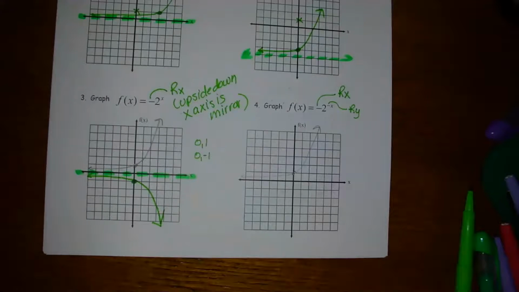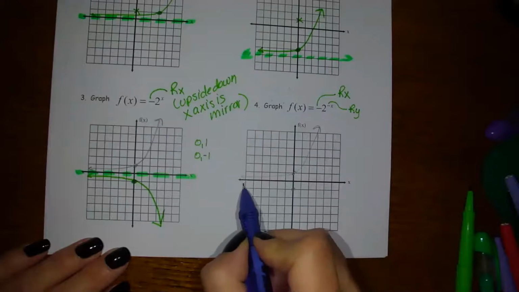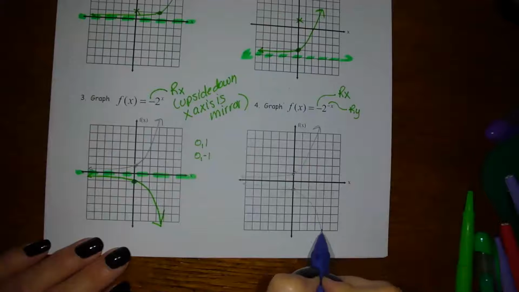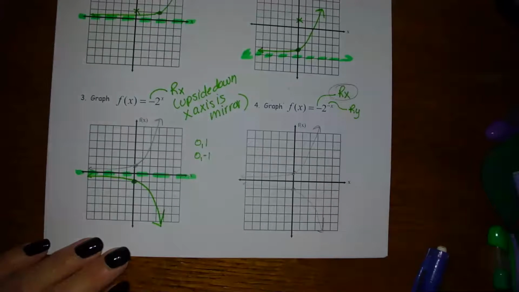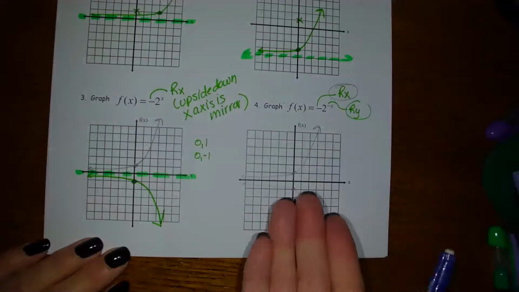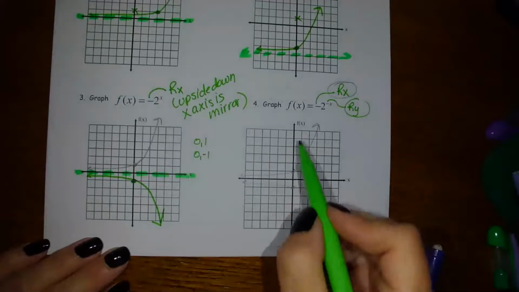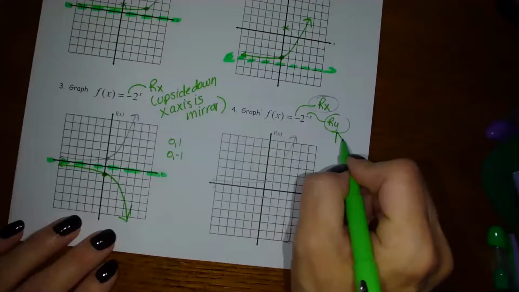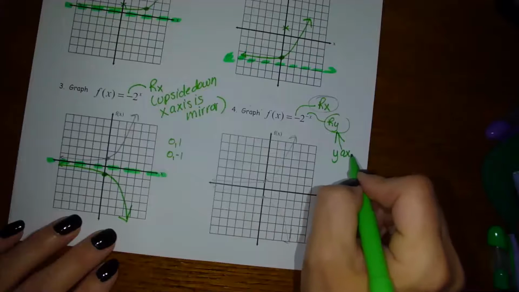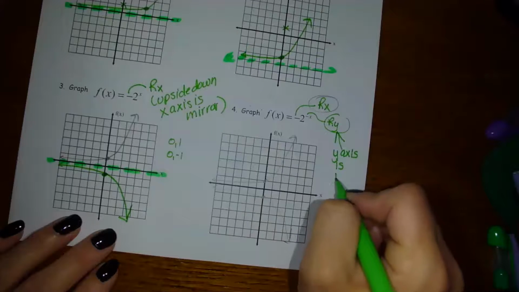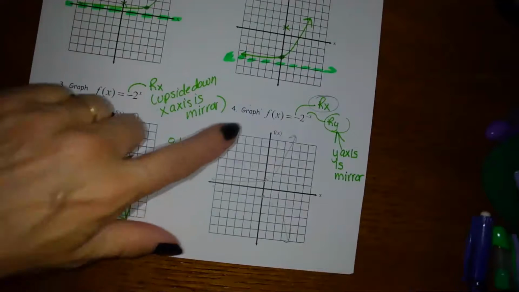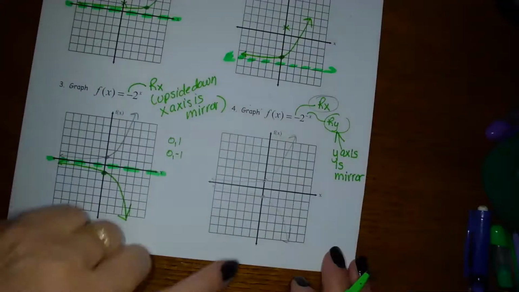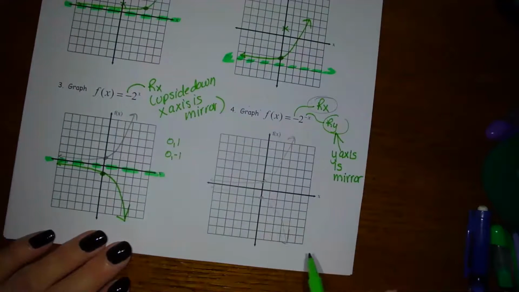All right. So if I were to flip that over and turn it upside down, it would look like that. That takes care of this part. Now I'm going to do this part. That switches it this way, right? Then this y-axis is mirror, right? So think about your y-axis as the mirror. So what's this going to look like?